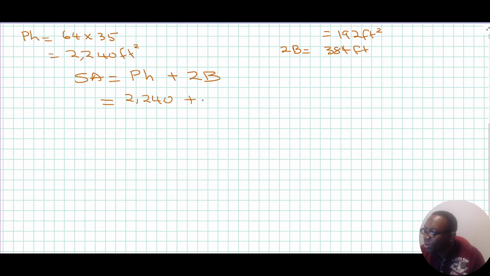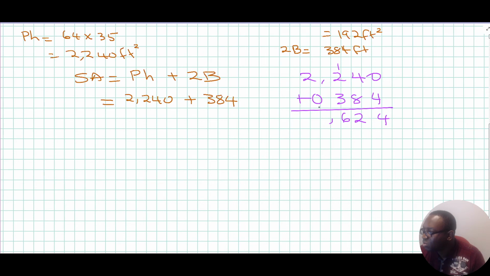So this is going to give us 2240 plus 384. So let's go ahead and show the work for that. 2240 plus 384. I'm going to put a 0 here. So 4 plus 0, we have 4. 4 plus 8, we have 12. So 2 here, bring 1 up here. 1 plus 2, 3, plus 3, 6.